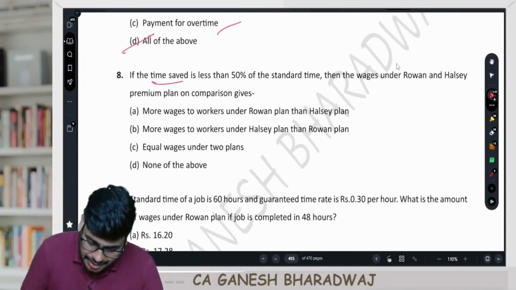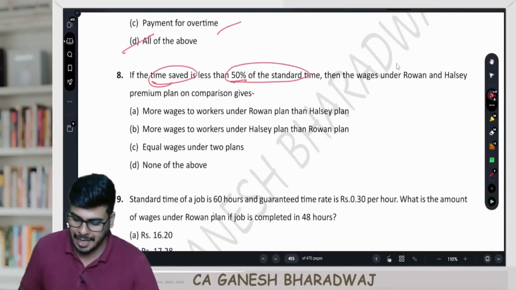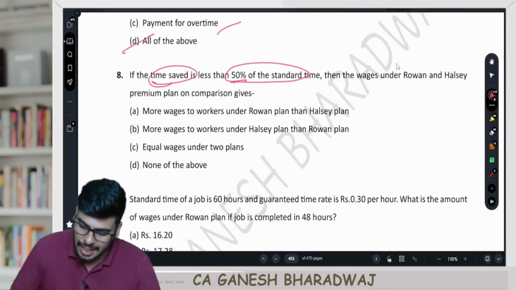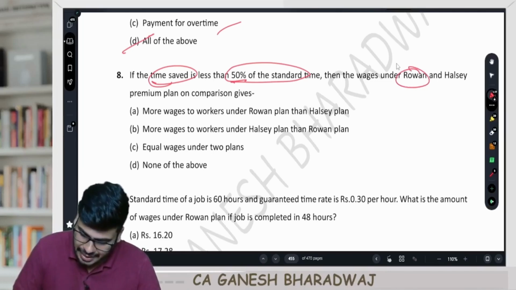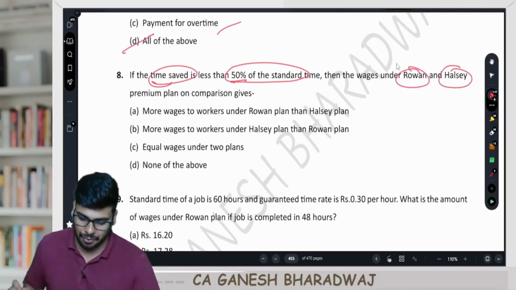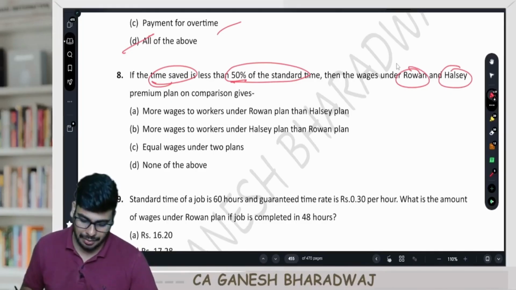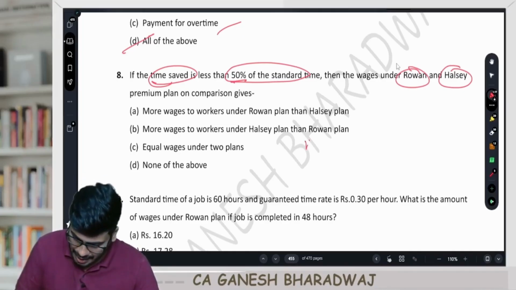If the time saved is less than 50% of the standard time allowed, then the wages under Rowan and wages under Halsey premium on comparison give the following. Which will give more, which will give less? First, Halsey says 50% of time saved into time rate.